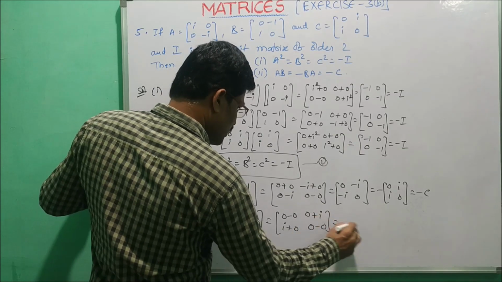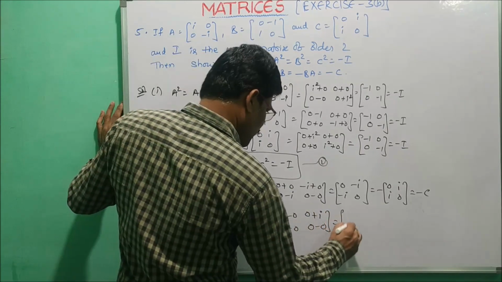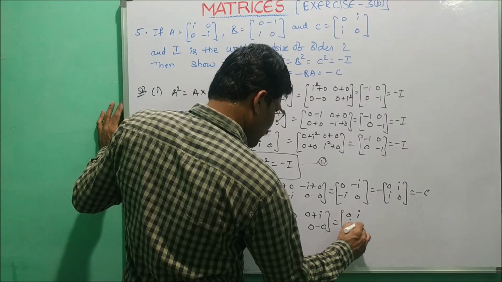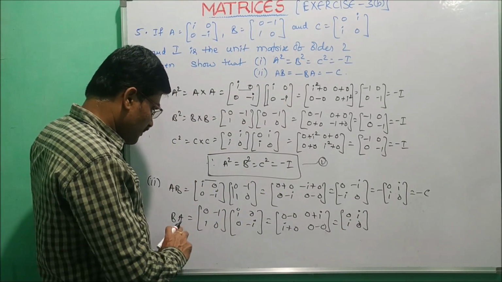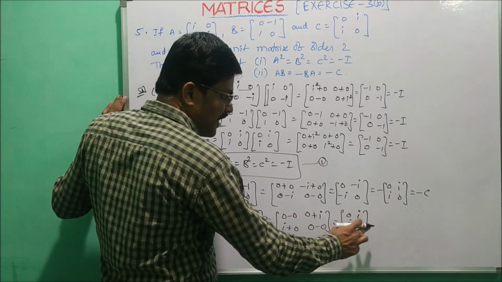Minus 0. Now clearly we observe this is 0 I, I 0. So here clearly we observe BA equals 0 I, I 0.